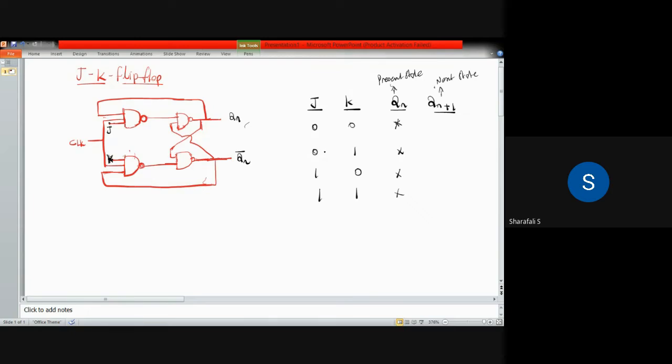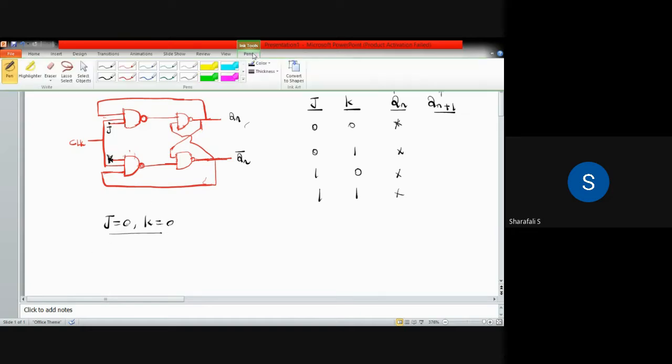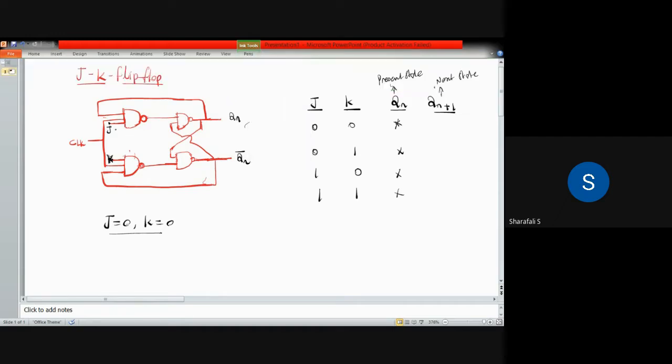So let's consider 0, 0 first. If J equal to 0, what will happen in each of those cases? First I will consider J equal to 0, K equal to 0. You can see from this figure what the output is. With a NAND gate, as you know, NAND is the complement of AND.